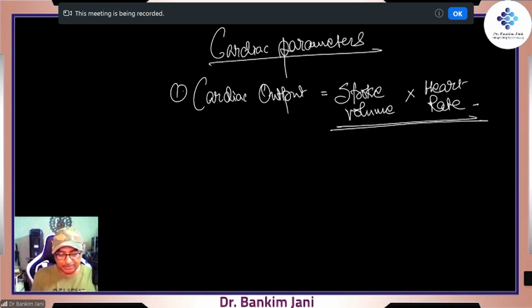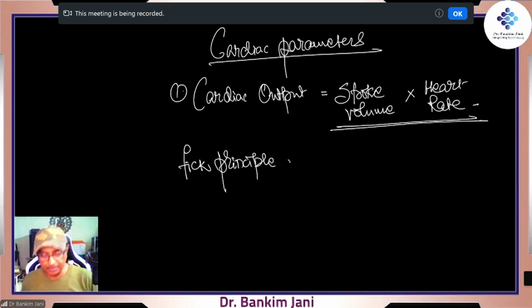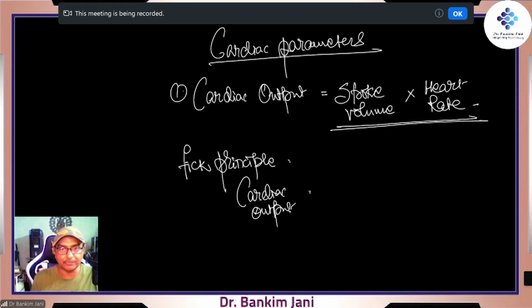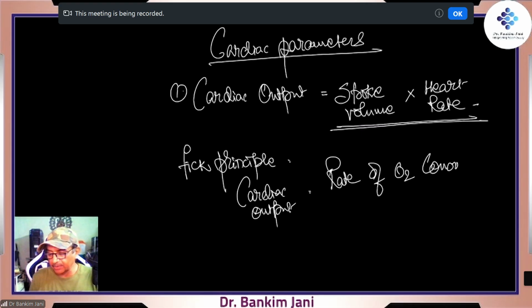Now in order to understand this, there is one use of it. This is the Fick principle. Last time we used this principle. Right? So when we say what exactly is cardiac output, we defined the cardiac output in a slightly different way. It was like the rate of oxygen consumption. You remember it?